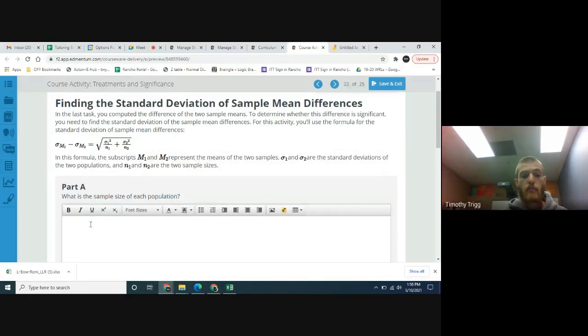So the sample size for the red box was 45. Now, I want you to also write what the sample size for the blue box is, and that should be 60.